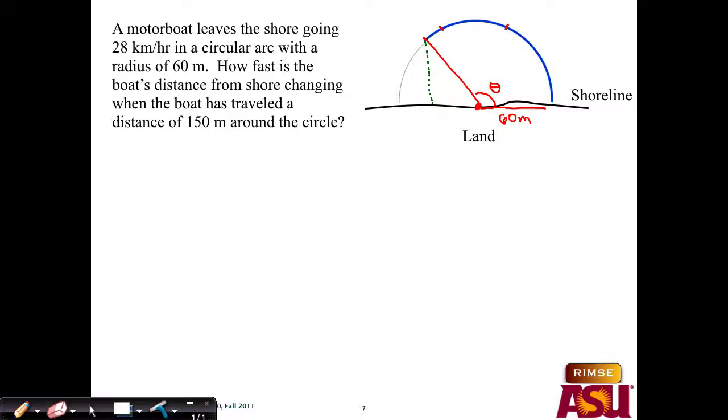At this point in time, if this is a fairly accurate representation of 150 meters, meaning 2.5 radius lengths or so, then I'm past the farthest point away from shore, and the boat is now approaching the shore. Now, the path it's taking is actually along the arc, but its distance from the shore is what I have as this dotted line here.